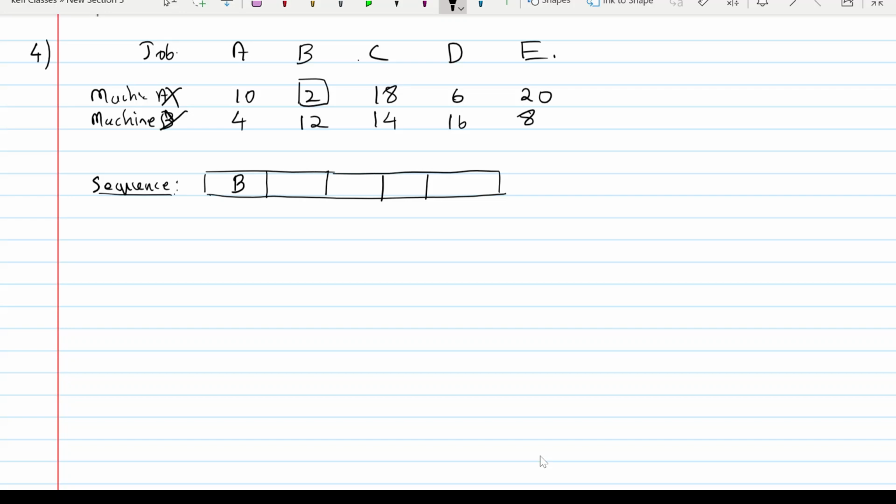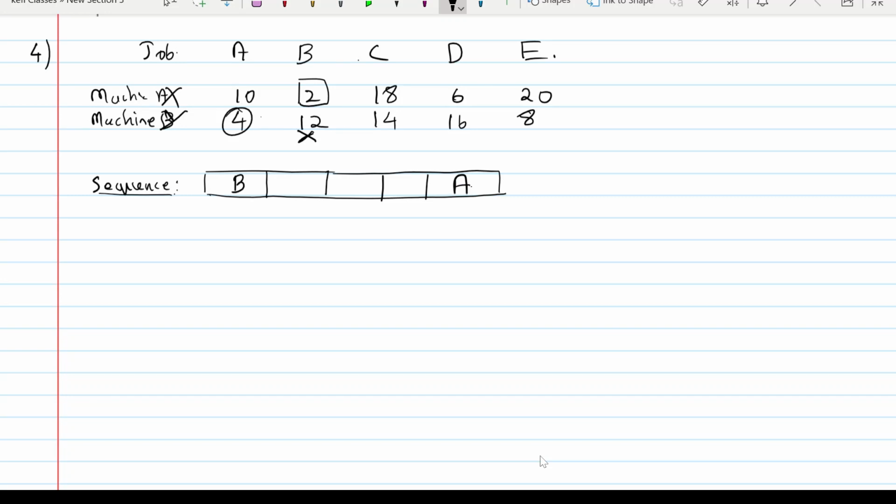So now this one is already taken into sequence, no need to check it. Then of the remaining ones, A, C, D and E, 4 is the minimum. It belongs to which machine? Machine Y, na? It belongs to machine Y and it's on the second machine, so that will go in the right hand side. So this 4 will go on the right hand side.